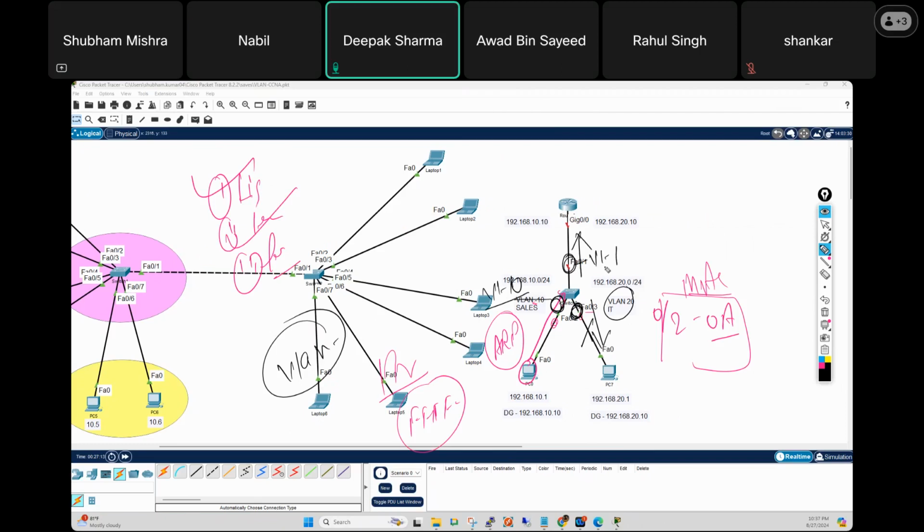It means this switch is not going to forward your packet here also. Yes or no? Tell me. Agree? Yes. It means we have to do something more here.